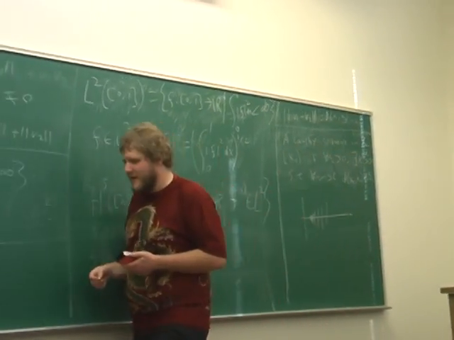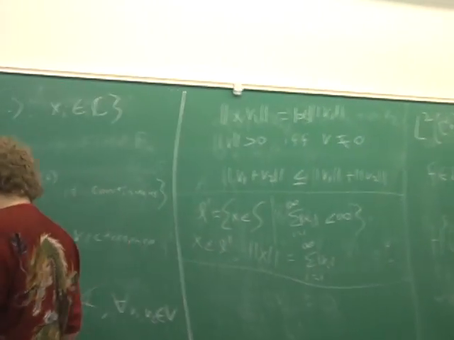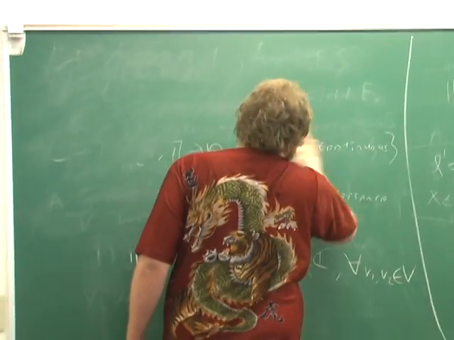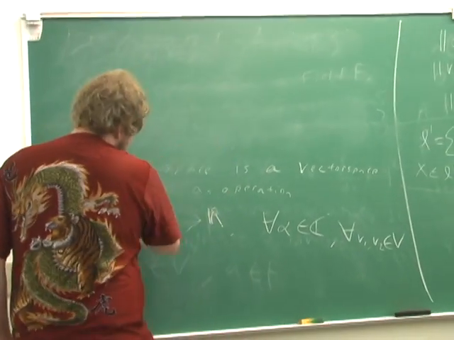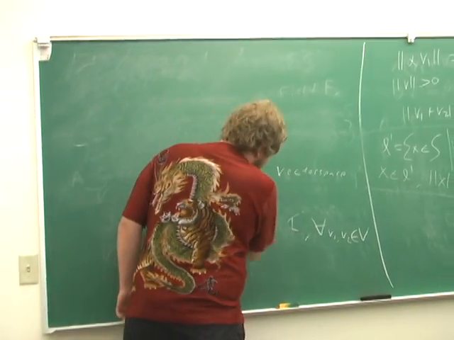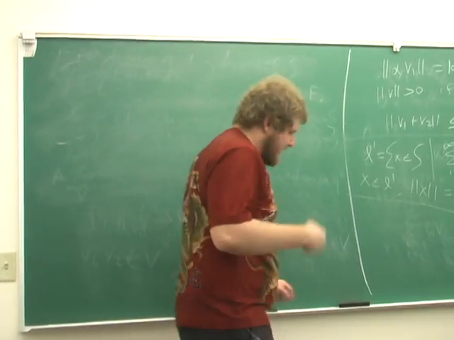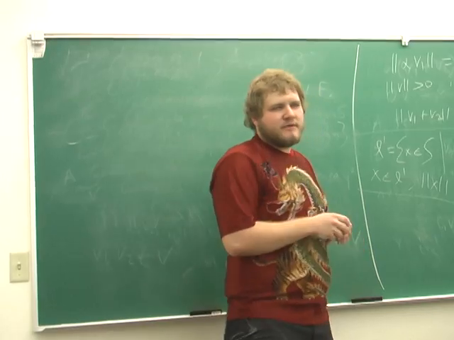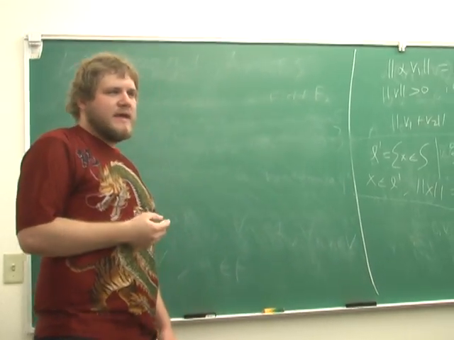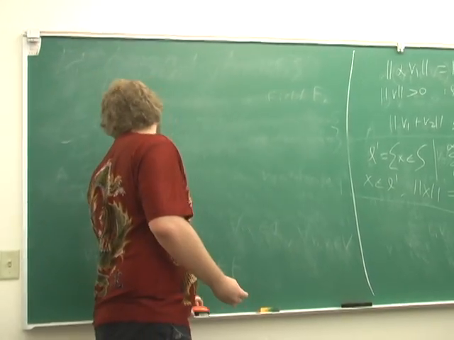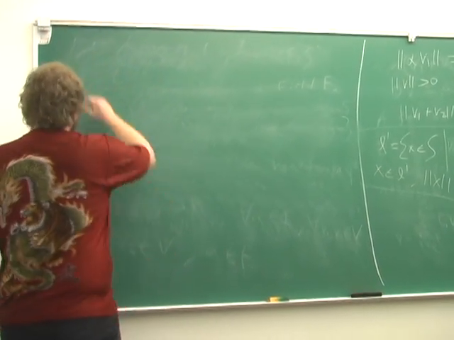So the reason we care about convergence, about this metric space definition, is we want to bring some of the analysis language, some of the things that we do there, into these infinite dimensional spaces, because again, the motivation is to discuss functions so that we can discuss differential equations.